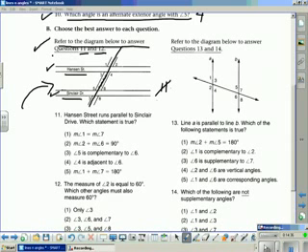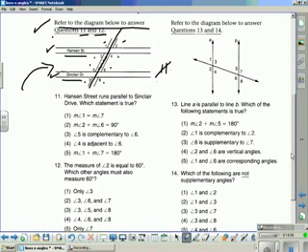We create angle relationships. If you see all these intersections or angles, they're going to have relationships with one another. Thinking about the relationships we talked about earlier, let's answer question 11. Question 11 reads, Hanson Street runs parallel to Sinclair Drive. Which statement is true?